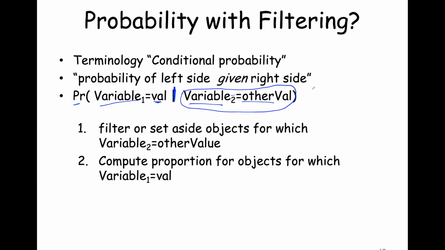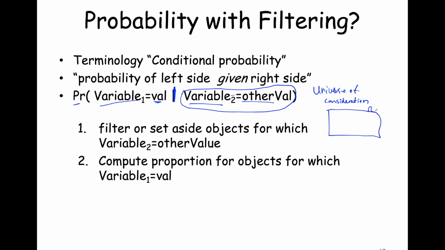So when you set them aside, what happens? I'm going to use the term universe of consideration to refer to all of those objects that you use as your pool of possibilities when you're trying to calculate a probability. So here's my universe.